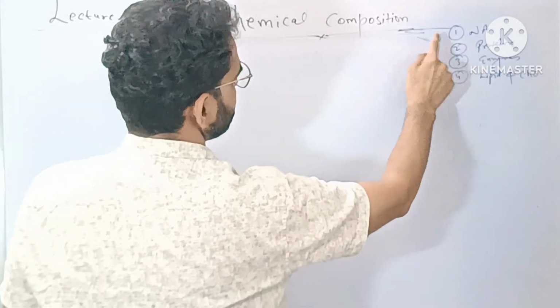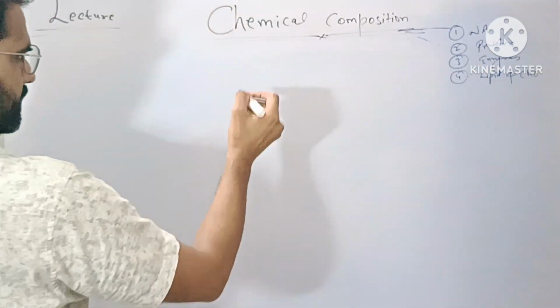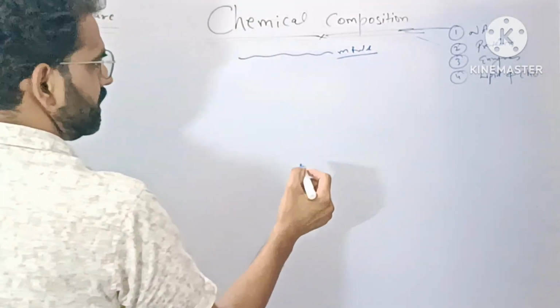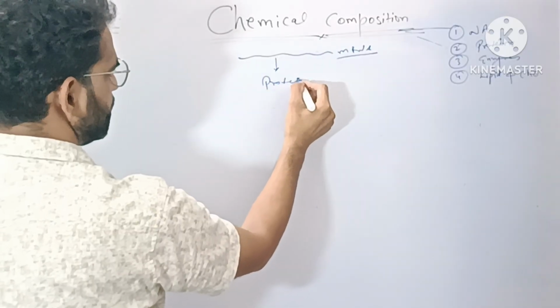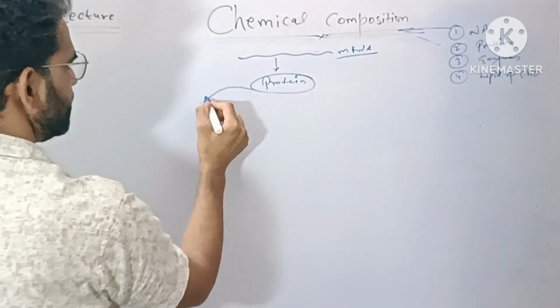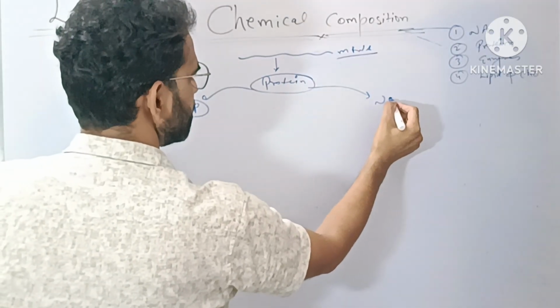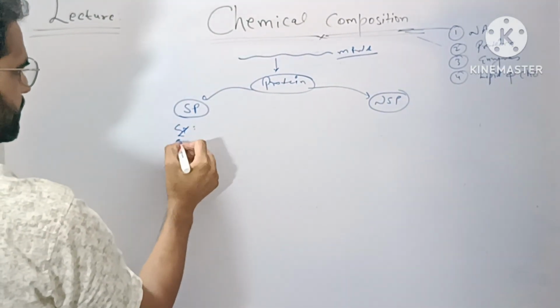The second chemical which is involved is the proteins. As we discussed, the messenger RNA is able to synthesize protein, and these proteins may be structural proteins or non-structural proteins. What are examples of structural proteins?